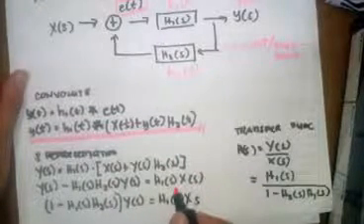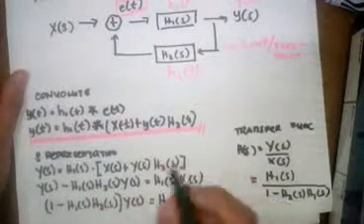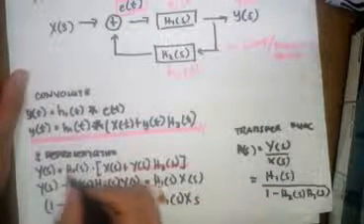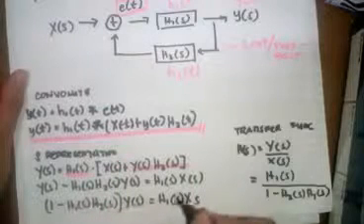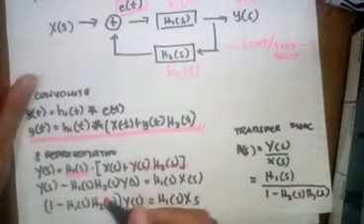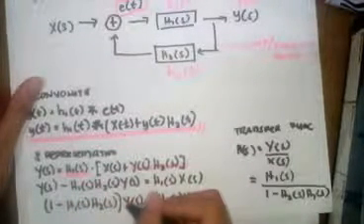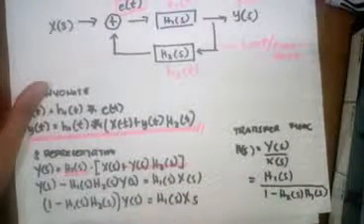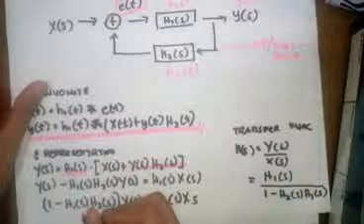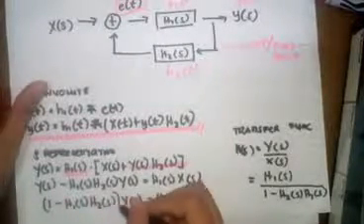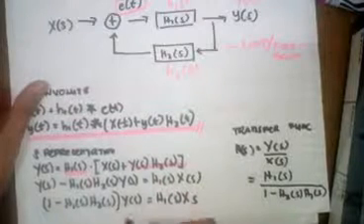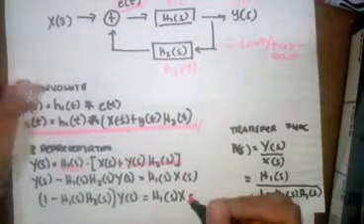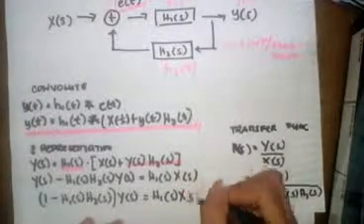Then, transposing this part, y of s times h of 2 multiplied by h of 1, to the other side so that we could group it and take out the y of s, so we could get the transfer function, we have 1 minus h of 1 of s times h of 2 of s, quantity, multiplied by y of s, equivalent to h of 1 of s times x of s.